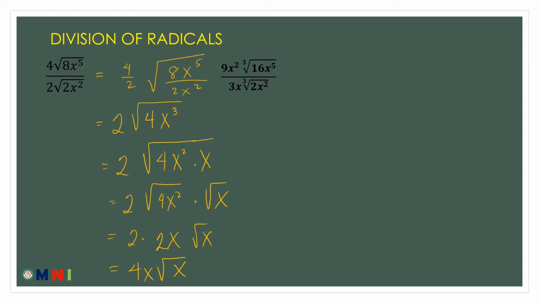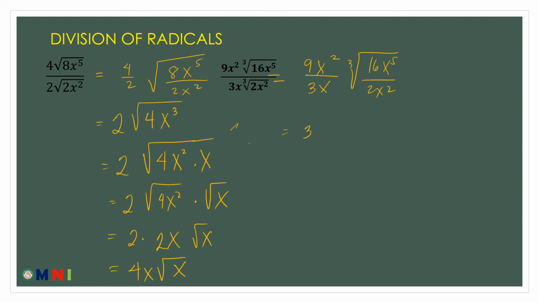We have 9x cubed over 3x, and then you get the cube root of 16x to the power of 5 over 2x squared. So again, we simplify this.